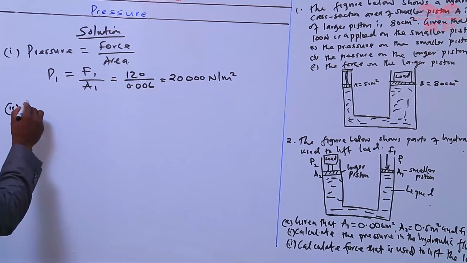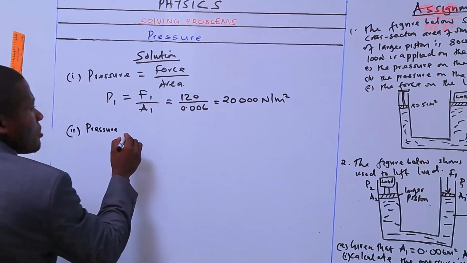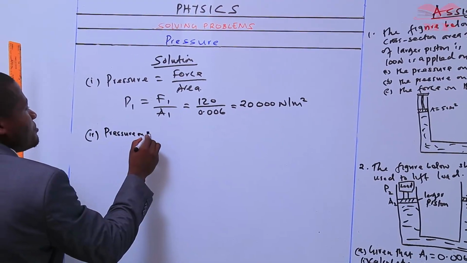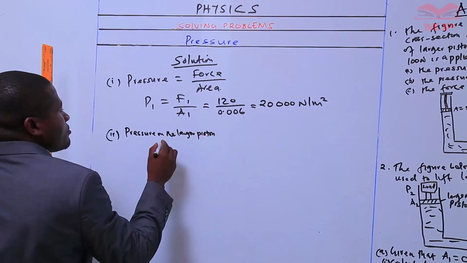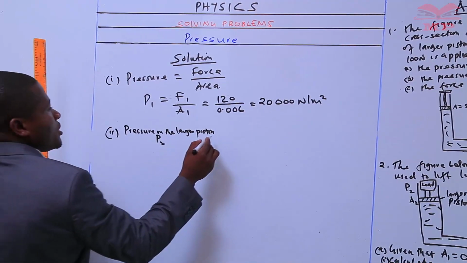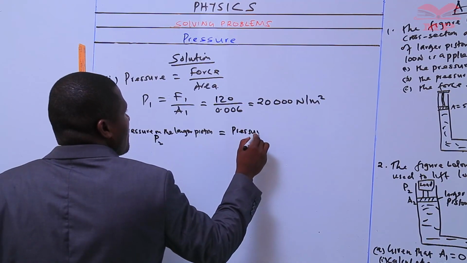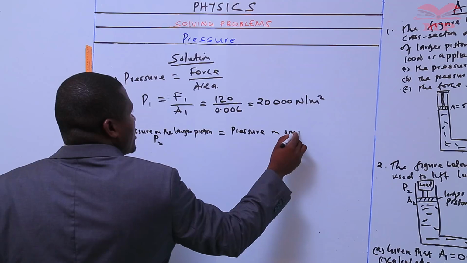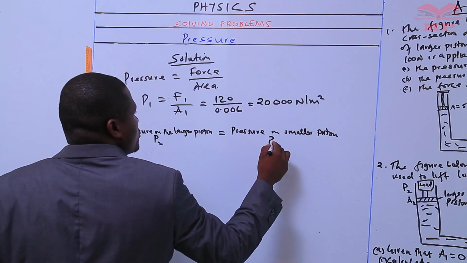So pressure on the larger piston, say P2, is the same as pressure on the smaller piston, say P1.